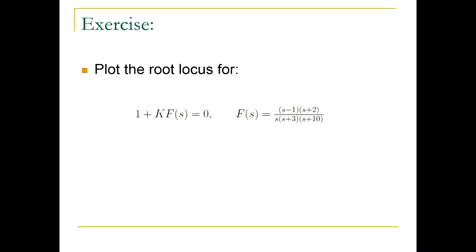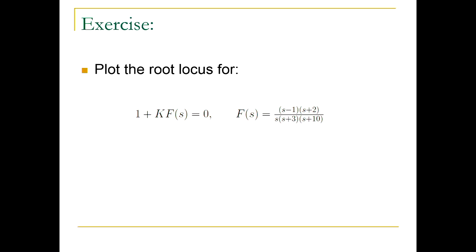So it's very easy. All right, before we wrap up, what do you think would be the root locus for this one? I claim it's trivial to plot. Why is it trivial to plot the root locus for this one? So, what are the poles and zeros of this transfer function?